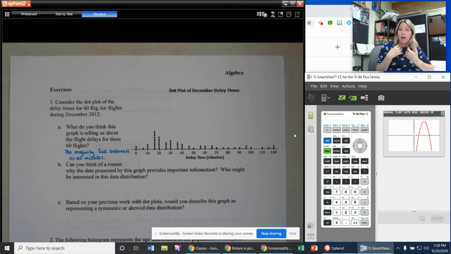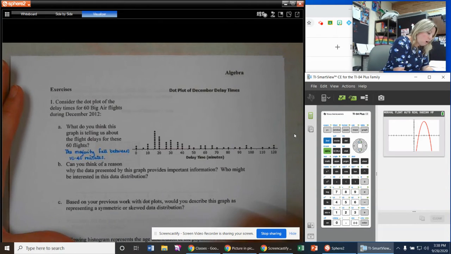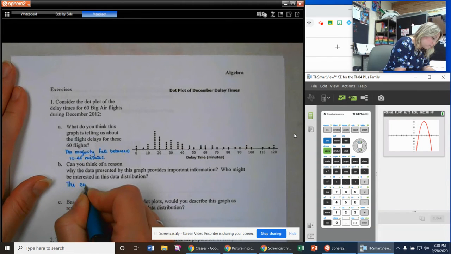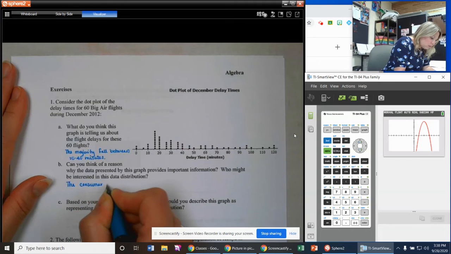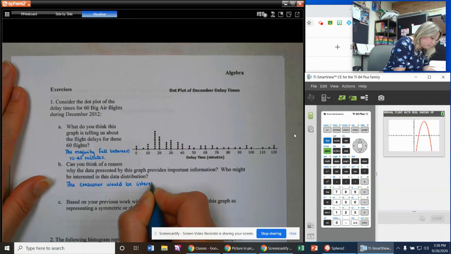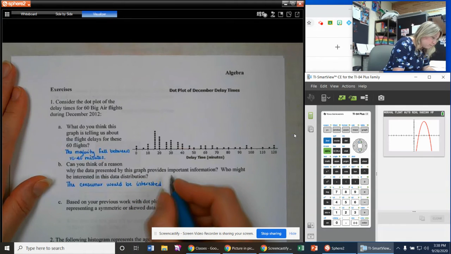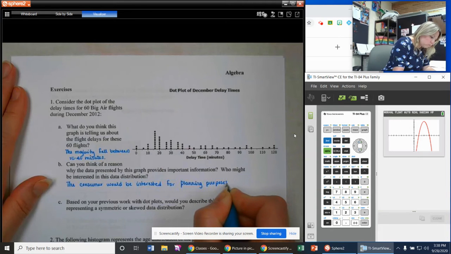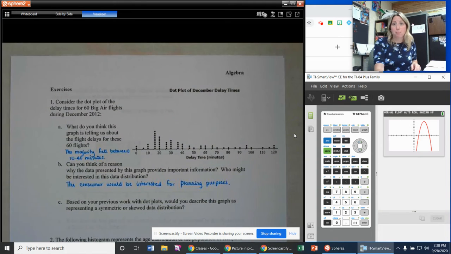But personally, as someone who doesn't work for an airline who might be interested, I think the consumer would be interested for planning purposes. And you can say planning purposes as I want to book a flight here or I don't. Or you can say when they land, that type of thing.